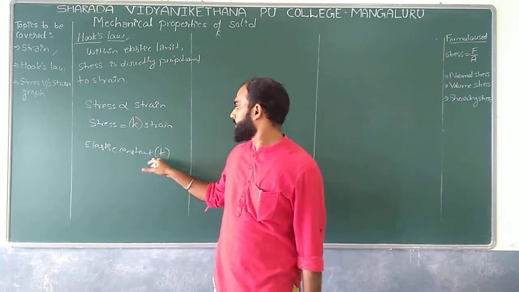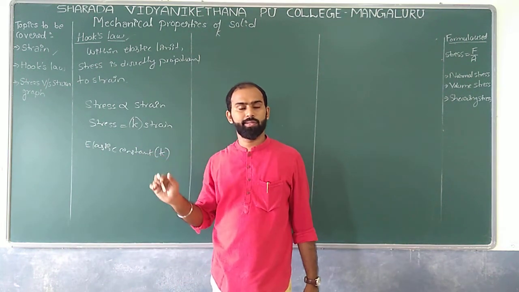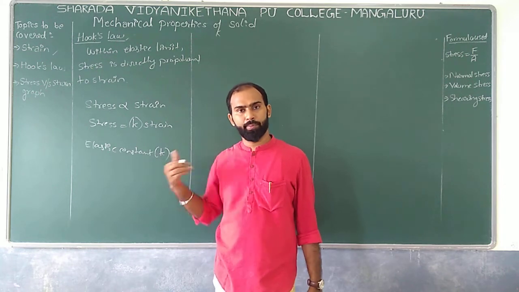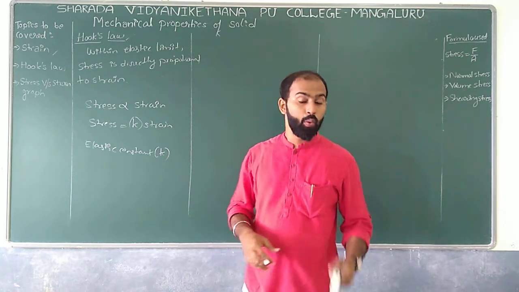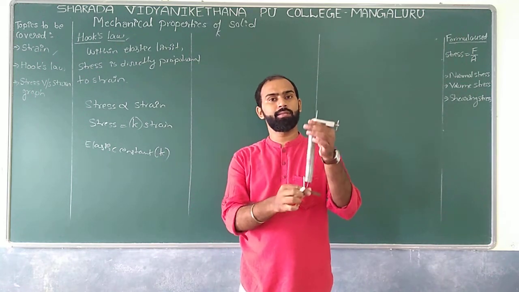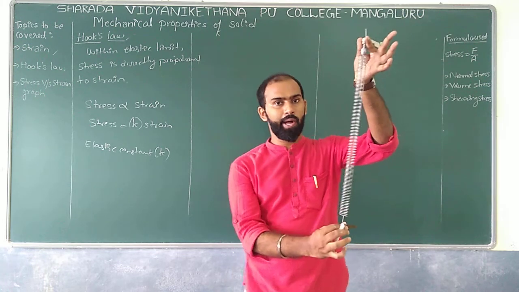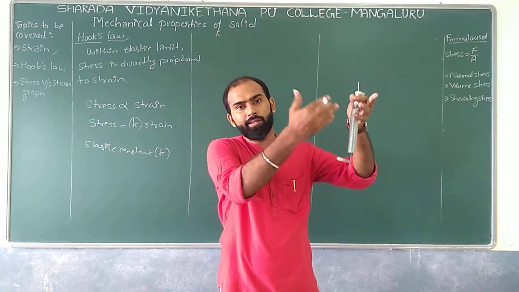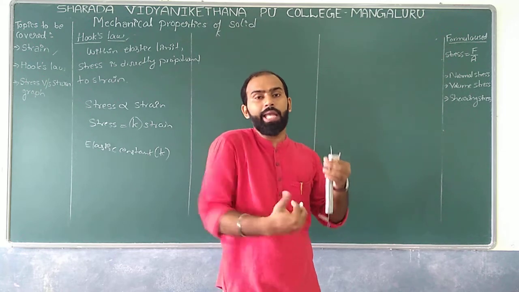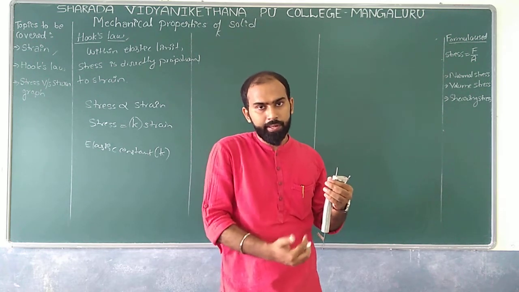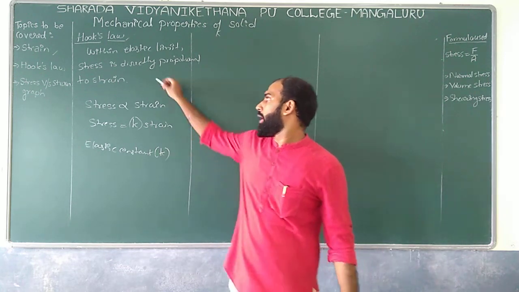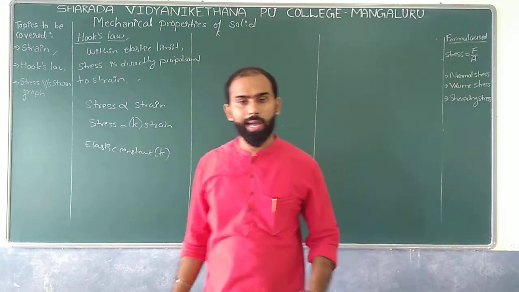What exactly does it mean? Stress is proportional to strain within an elastic limit, in the sense that if I release at this particular point, it should come back to its initial position, regain its original configuration. Are you getting it? If so, I can say Hooke's law is valid.